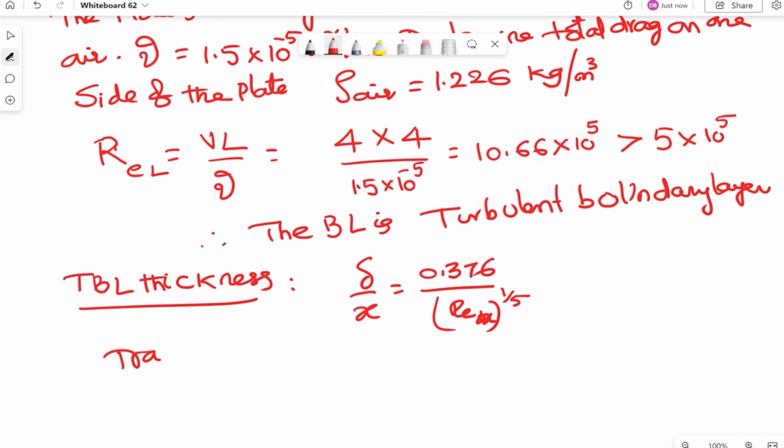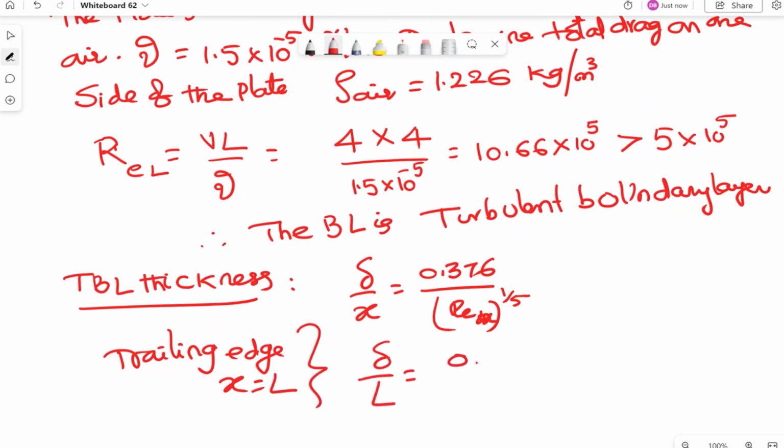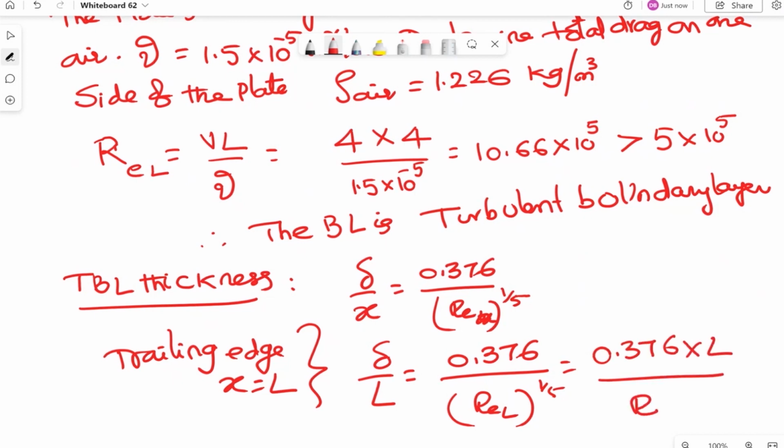If I want to determine it at the trailing edge where x is equal to L, then delta by L is equal to 0.376 divided by Re_L to the power of 1 by 5. So delta is 0.376 into L divided by Re_L to the power of 1 by 5.